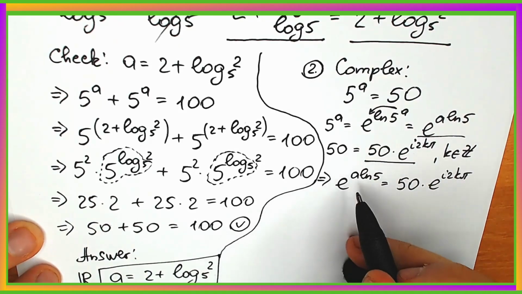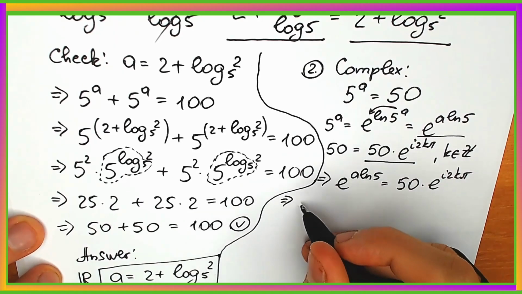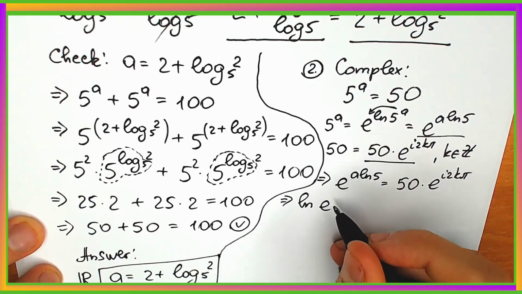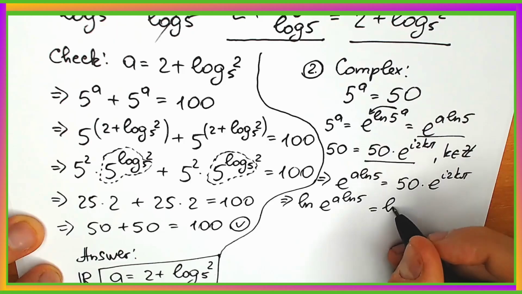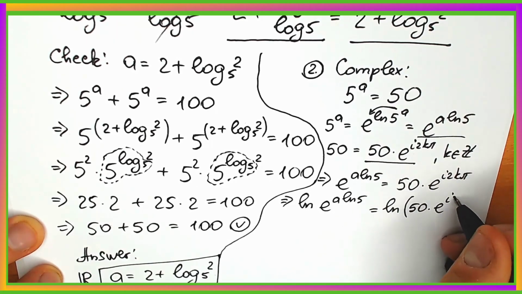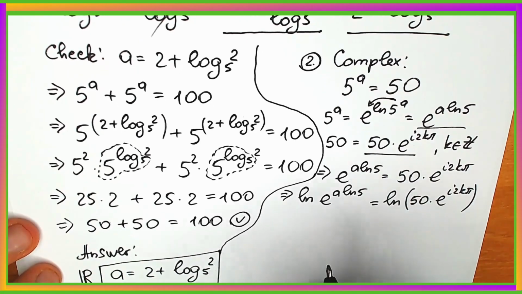How can we simplify it? First of all, let's apply natural log on both sides. So we have natural log of the left side, e to the power a natural log 5, equal to natural log of 50 times e to the power i 2k pi.